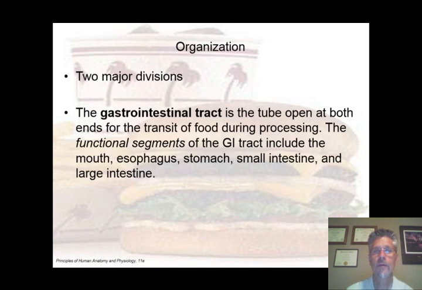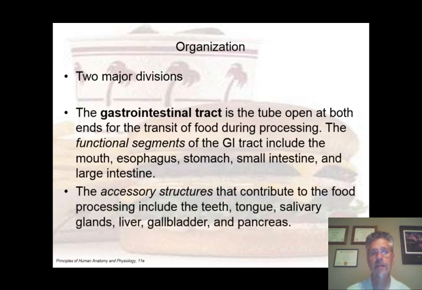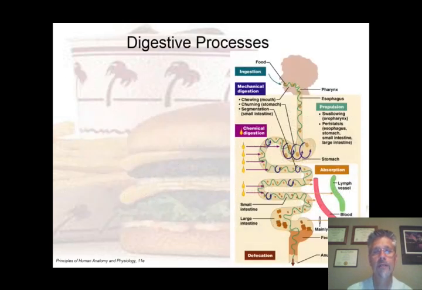So like we said, the gastrointestinal tract of the alimentary canal is Main Street. Then we have the accessory structures. For each of those, you need to know how they contribute to digestion. Is it physical digestion? Is it chemical digestion? Is it just moving it through this disassembly line that we call the gastrointestinal tract? How do they contribute?